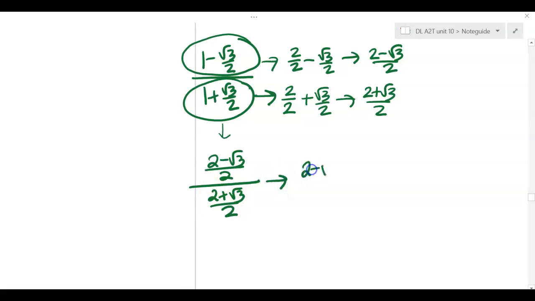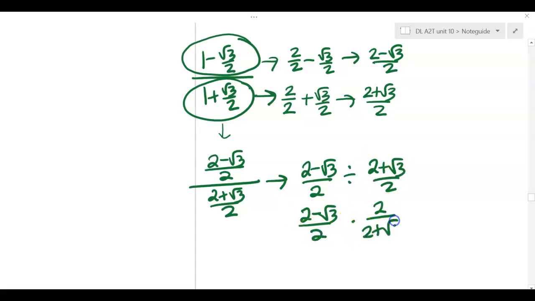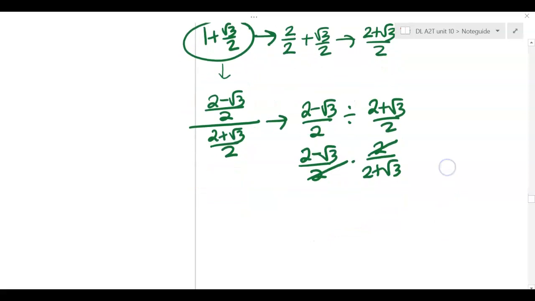I'm going to write it out horizontally for those of you that struggle with fractional division. So this is 2 minus rad 3 over 2 times the reciprocal. The 2's will cancel, and this will leave us with 2 minus rad 3 over 2 plus rad 3.